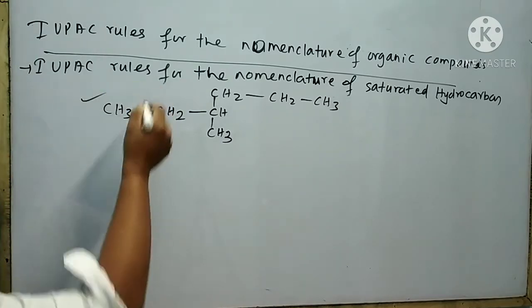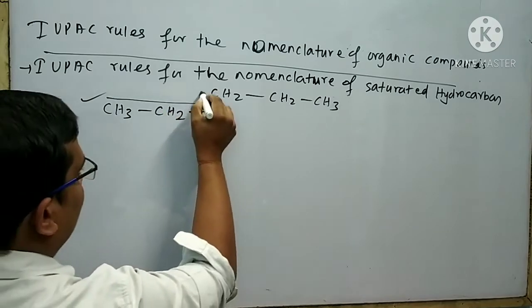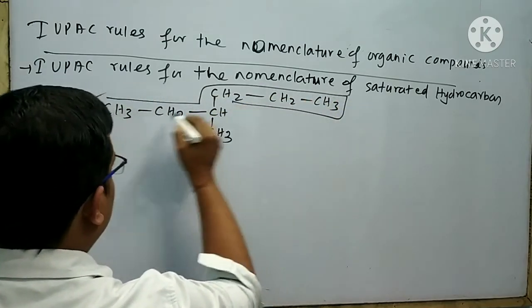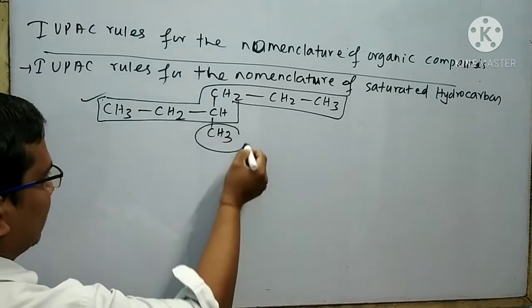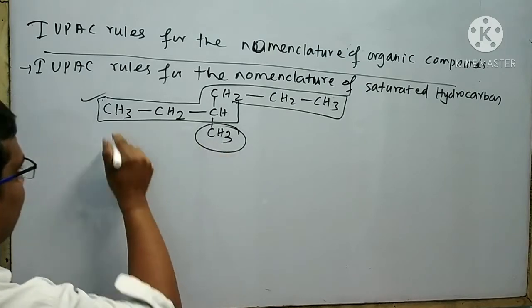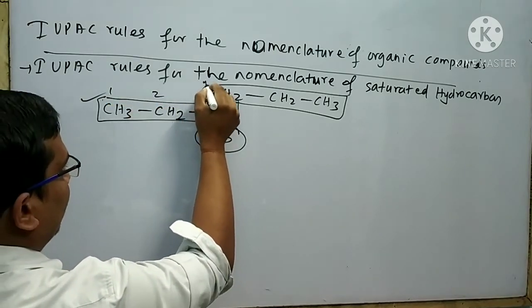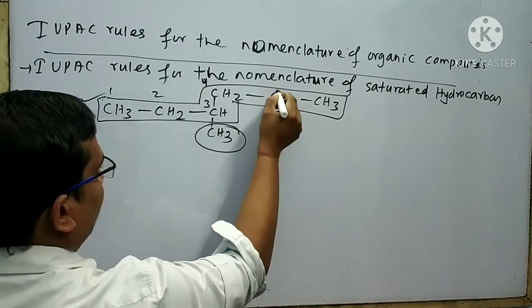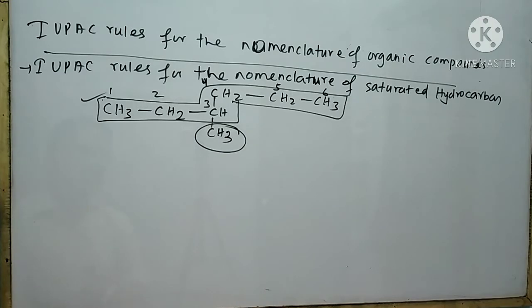What will be the name of this compound? According to the IUPAC rule, this is the parent chain, this is the side chain. I will start the numbering from left to right: 1, 2, 3, 4, 5, 6. There are 6 carbon atoms present in the parent chain.